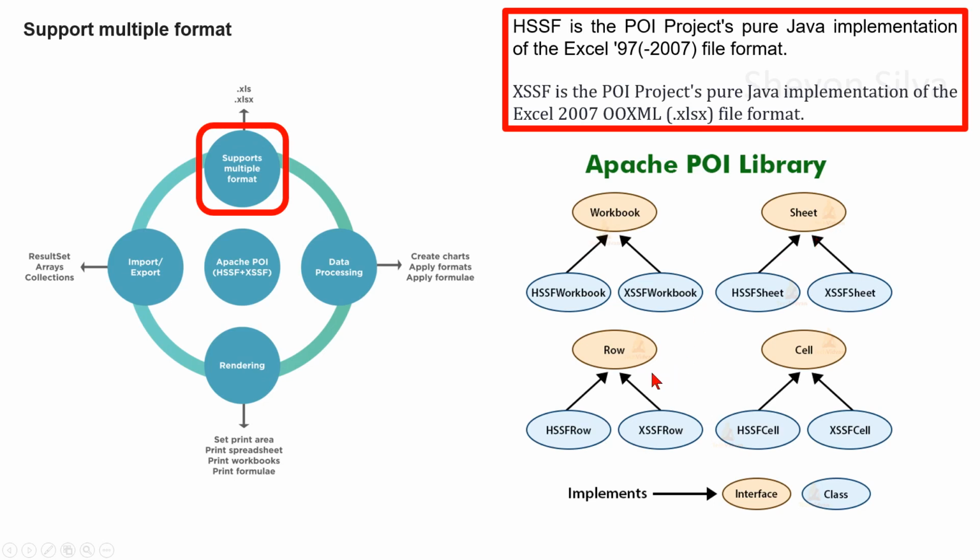Row is also an interface that represents a row of the spreadsheet. The Row interface extends java.lang.Iterable. There are two concrete classes, HSSF row and XSSF row.